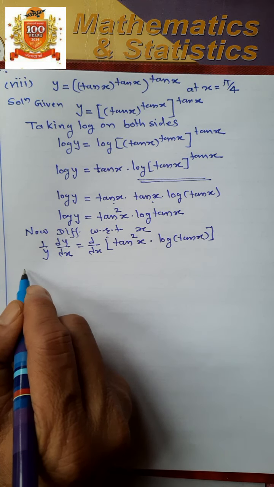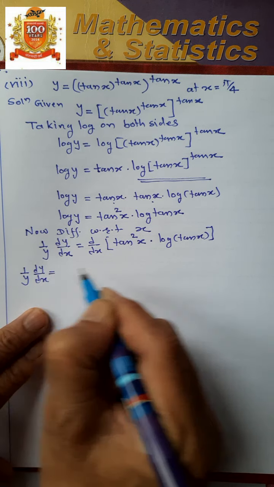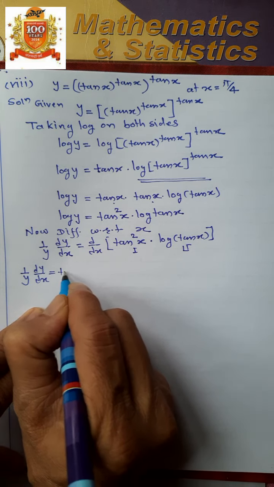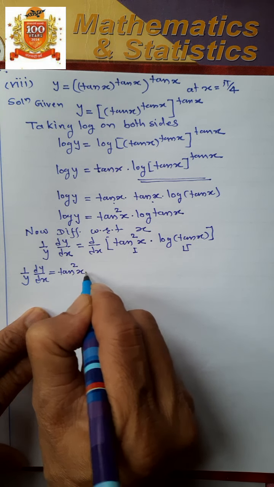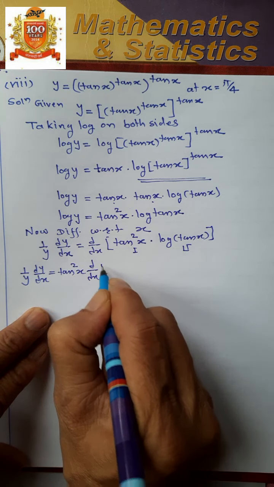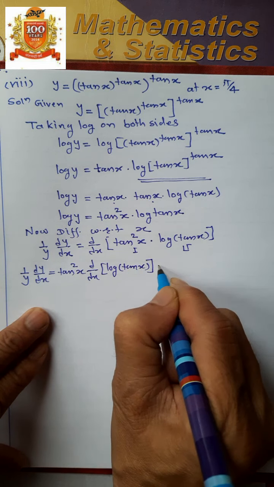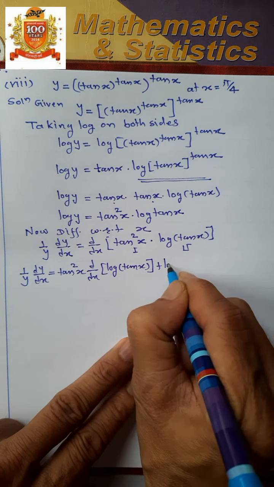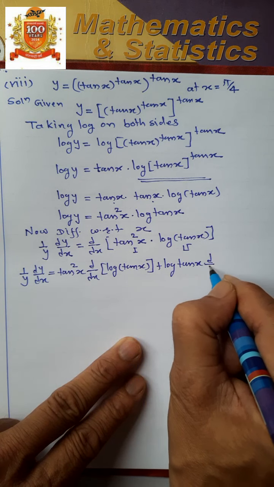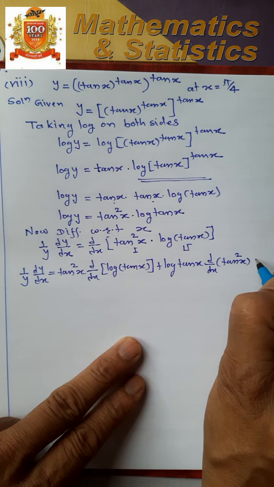Therefore 1 upon y dy by dx is equal to, this is first function, this is second function. First function tan square x into derivative of d dx of log of tan x plus log of tan x second function into d dx of tan square x, isn't it?